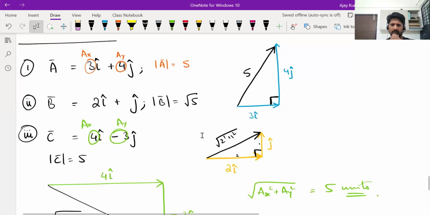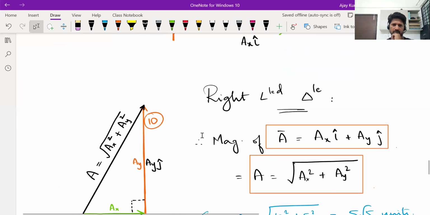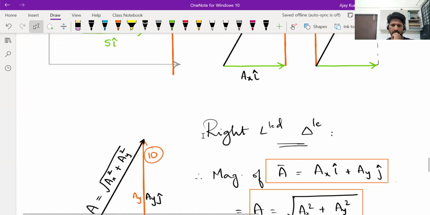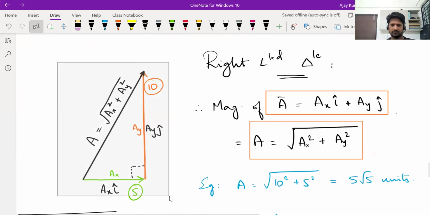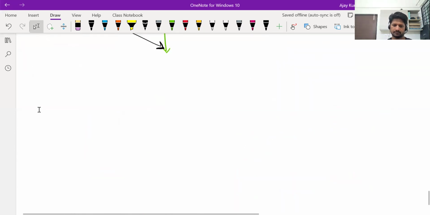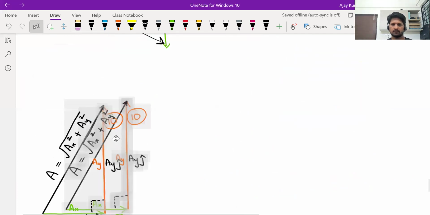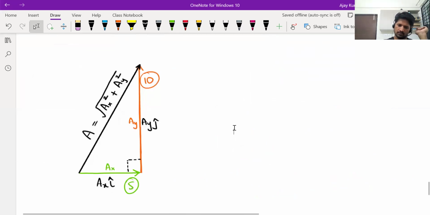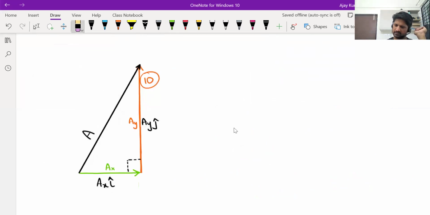Now there's one more thing that we can tell, and this is also important. If you know the components of a vector, let's take this itself, let's say that the x component ax i cap and the y component ay j cap are known to us.